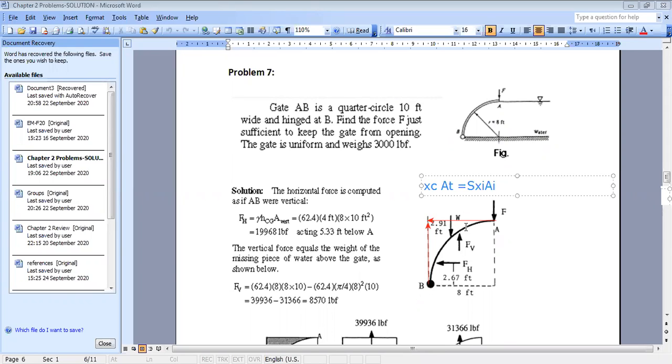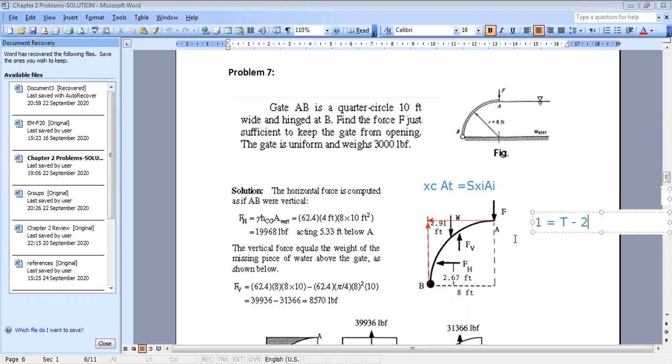Okay, to find the location of the centroid, we will apply the following rule: x of the centroid times the area we are interested in is equal to the sum of xi ai. Now you can say that surface 1 is equal to the total surface minus surface 2.